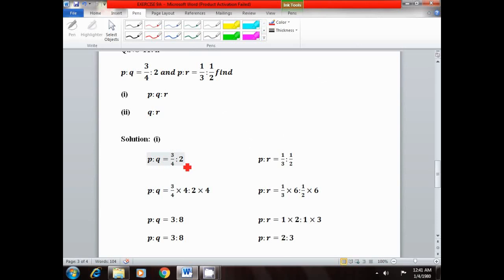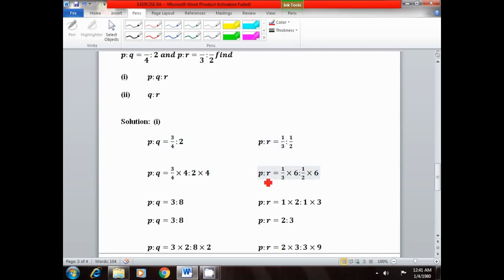On the other hand, we have two denominators, 3 and 2. Their product is 6, which means we will multiply 6 by the first quantity as well as by the second quantity to remove the denominators.